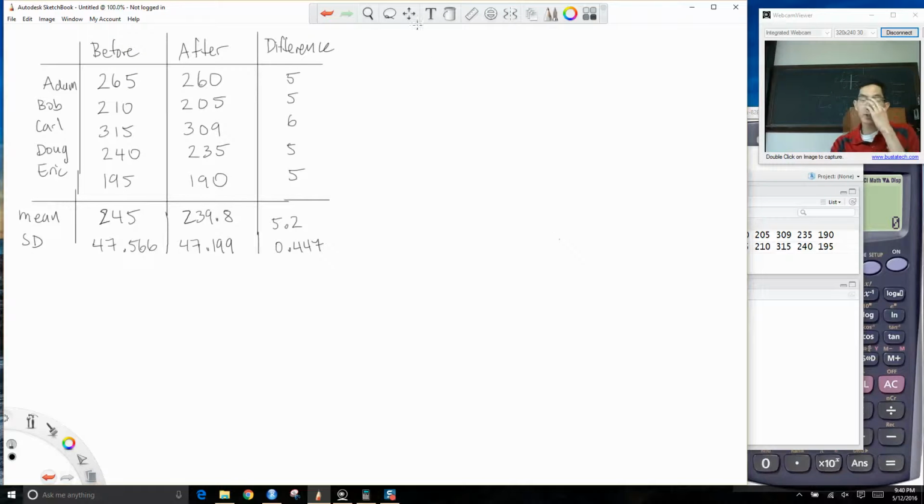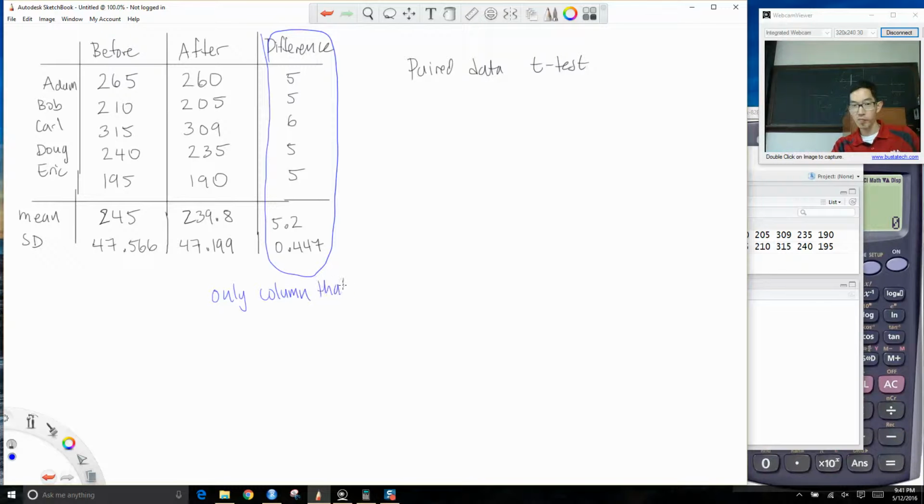And so for a paired t-test, paired data t-test, you just create the difference column, and this is now the only column that matters. You only have one column of data that matters. Okay, and your hypotheses change.